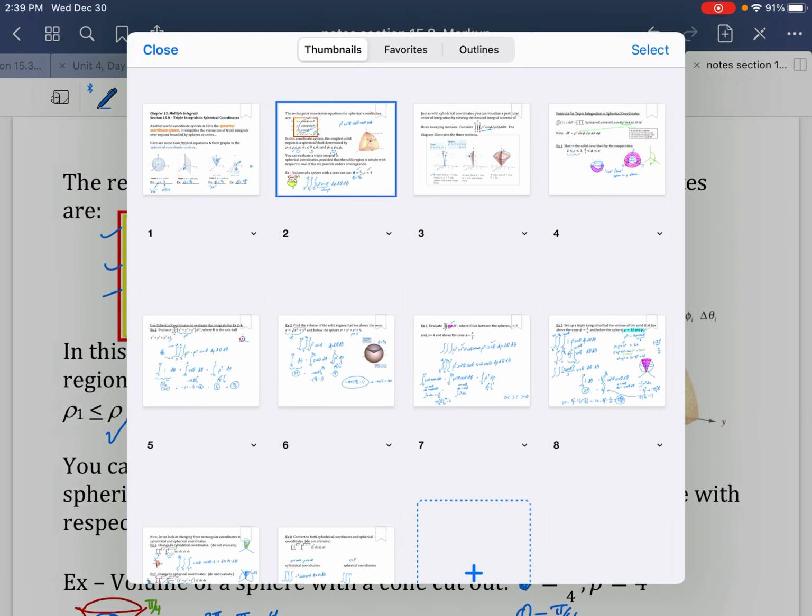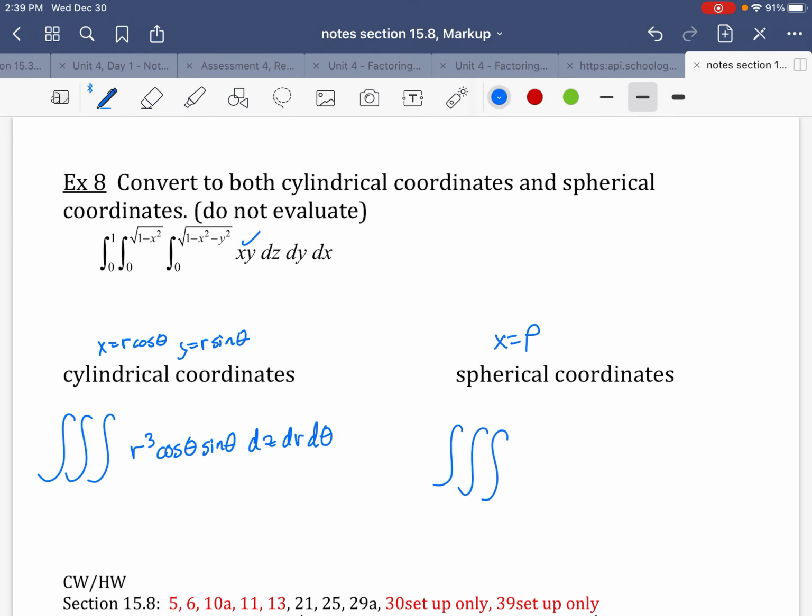I have a rho squared and another rho squared, so rho to the fourth. I have sine squared phi and another sine phi, so sine cubed phi. Then cosine theta and sine theta, d rho, d phi, d theta.